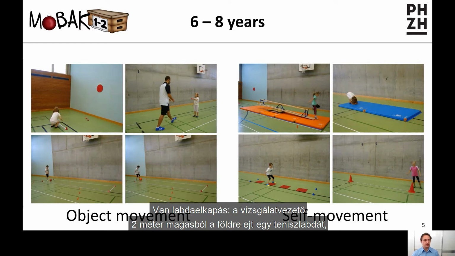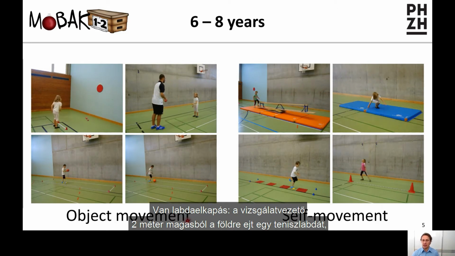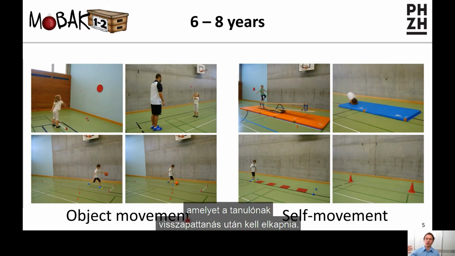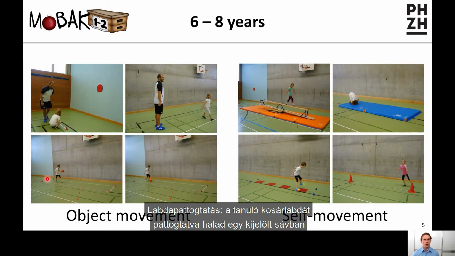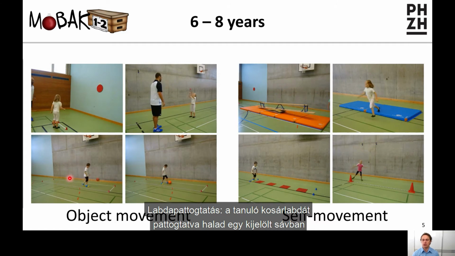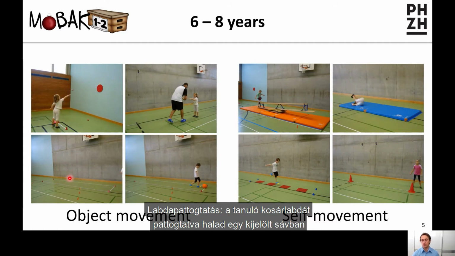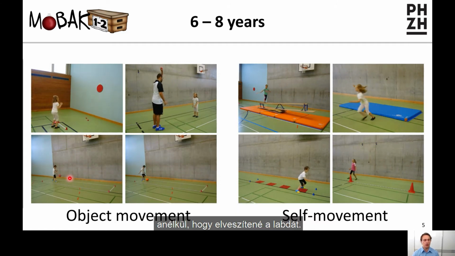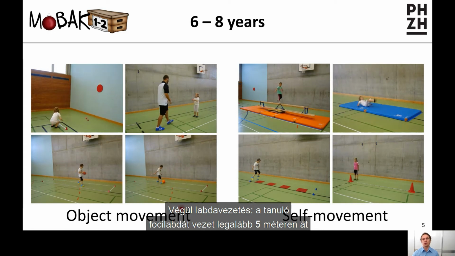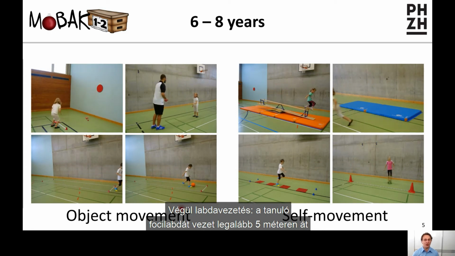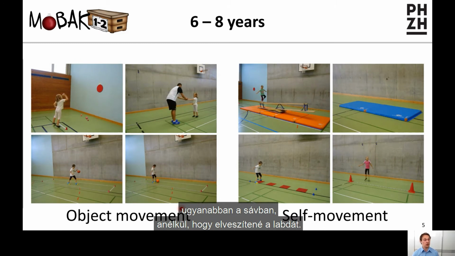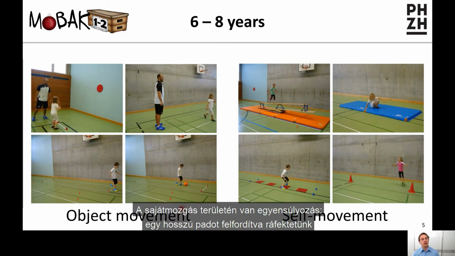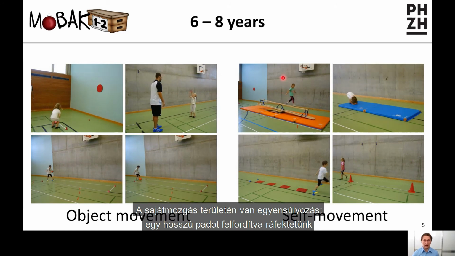We have catching. The test leader drops a tennis ball from a height of 2 meters to the ground as the student catches the ball after the reversal point. Bouncing. The student bounces basketballs through a marked corridor without losing the ball. And dribbling. The student dribbles the soccer ball with at least 5 ball contacts through the same corridor without losing the ball. In the area self-movement, we have balancing.